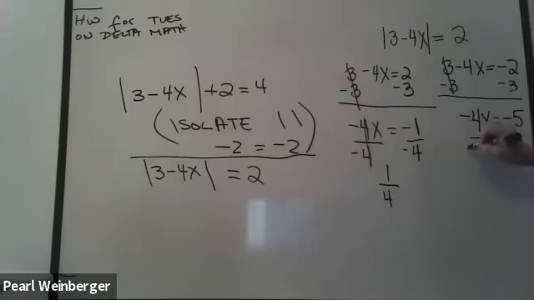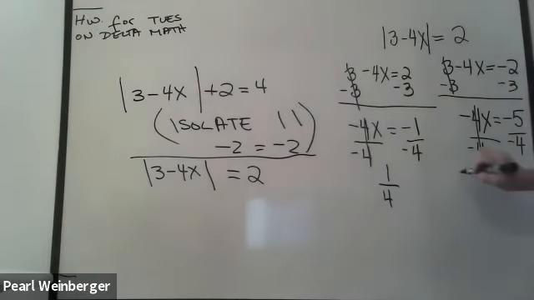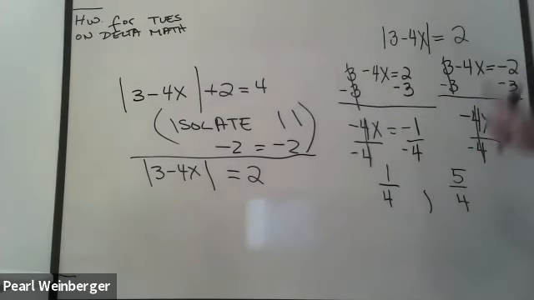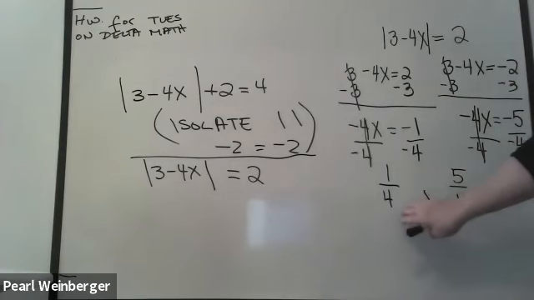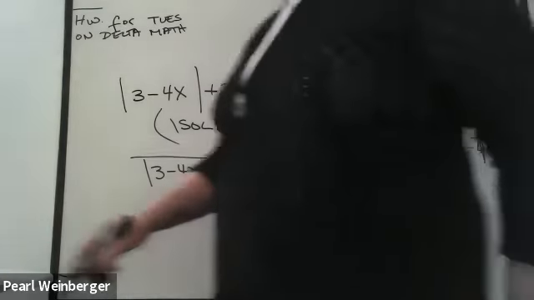Again, I divide by negative 4, so negative over negative is positive. My two answers, and I must give both, are 1/4 and negative 5/4. Any questions about this before we end class?